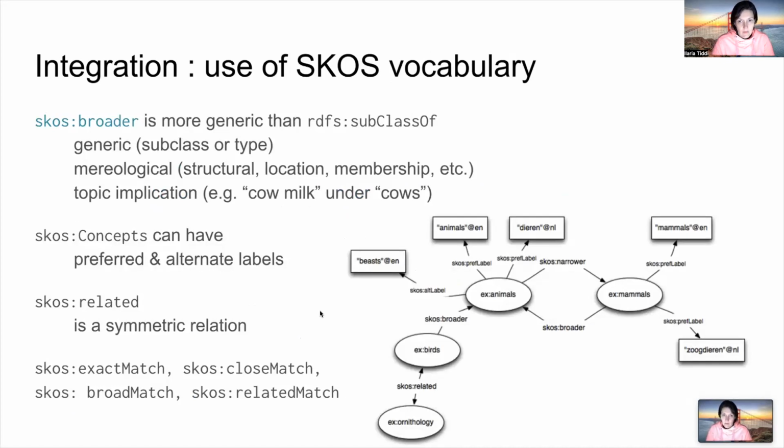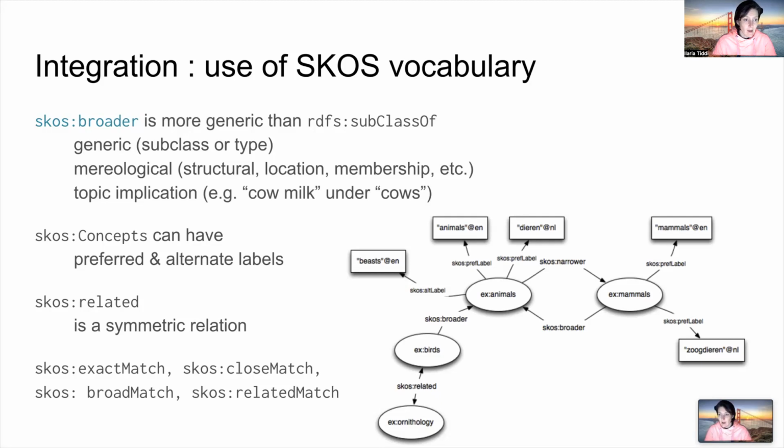Just a note on the use of SKOS. SKOS is a vocabulary that you will meet very often because it's less restrictive than RDFS and OWL. It comes from the digital bibliography world, where people had to represent relationships between topics in a less restrictive way than one could do with RDFS and OWL.